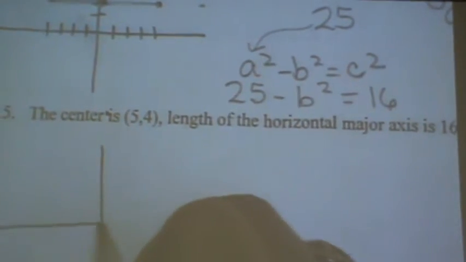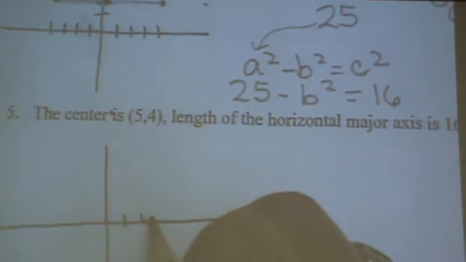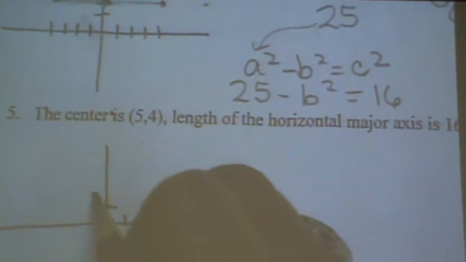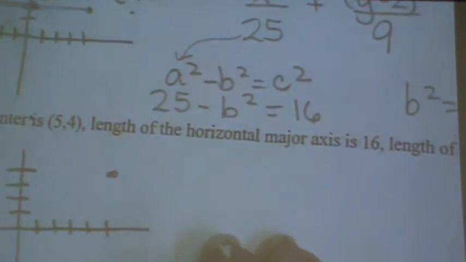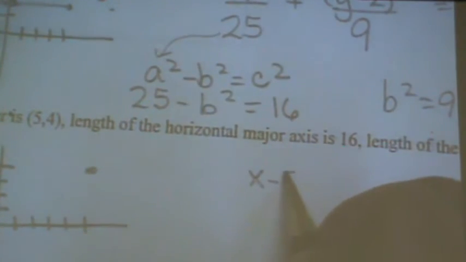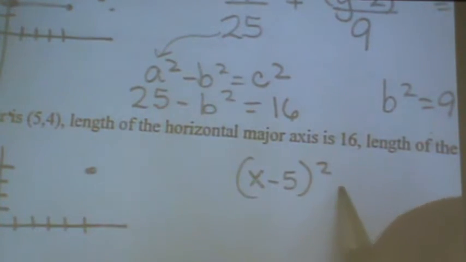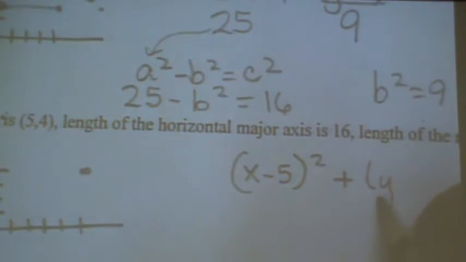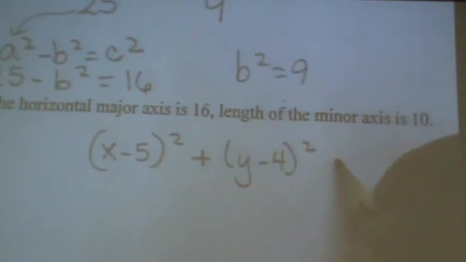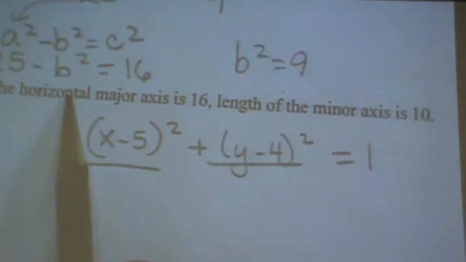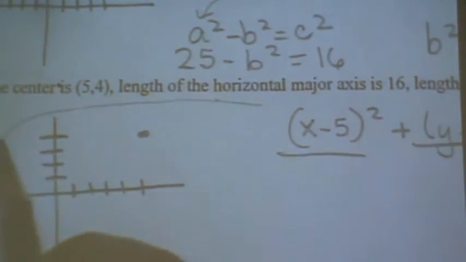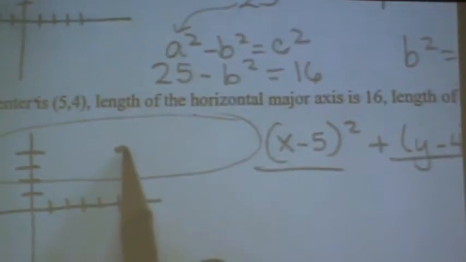The next one, last one, your center is at 5, 4. So how are you going to write this? X minus 5 squared plus y minus 4 squared equals 1. And it says it has a horizontal major axis. So it's going to be like this, horizontal.